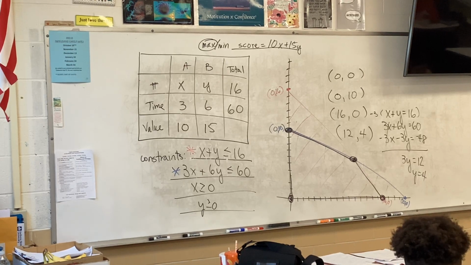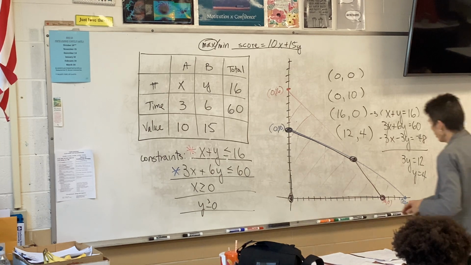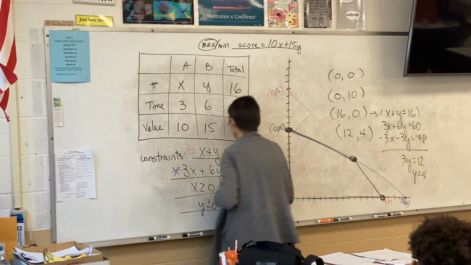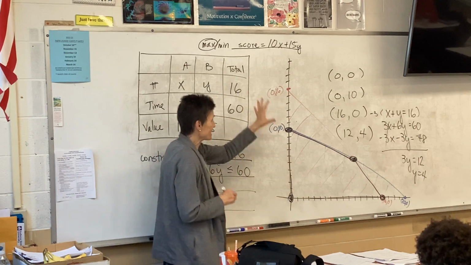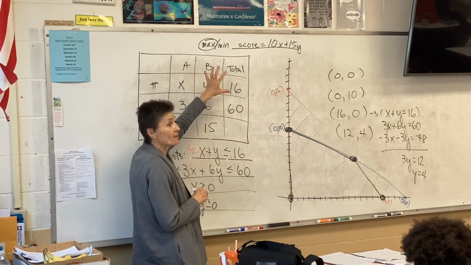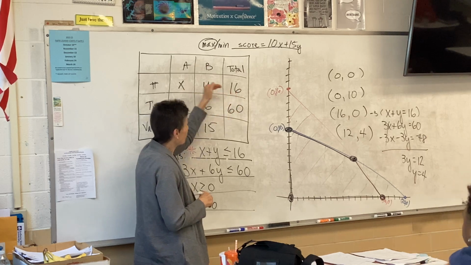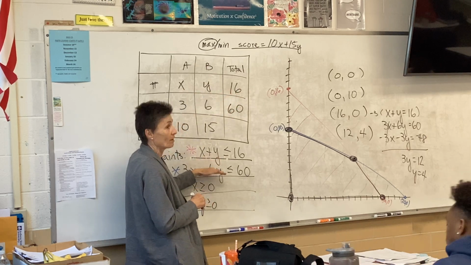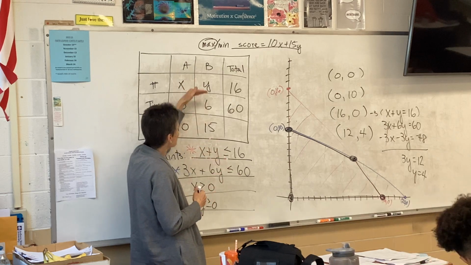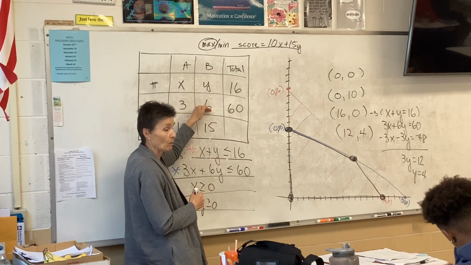Okay, so now we need to pick up where we left off, and we're almost done with this problem, believe it or not. Just to recap real quick, we took all the numbers from the problem and put them in the chart. We wrote equations or inequalities, which we call constraints, for each complete row in our chart.